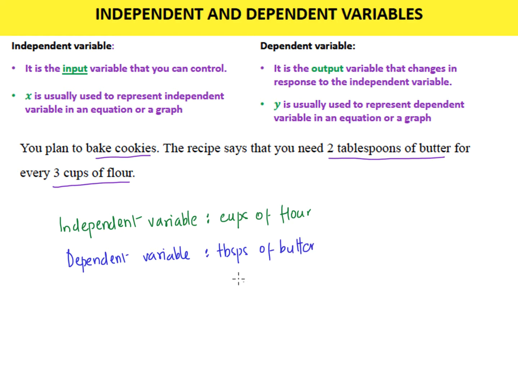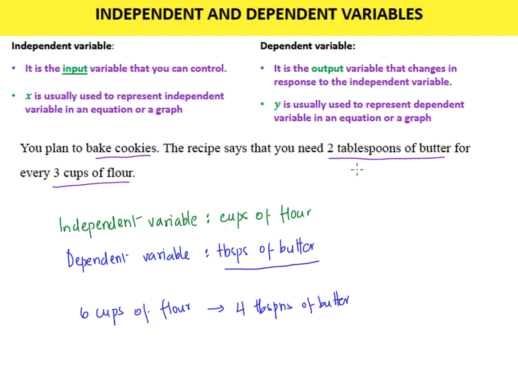The amount of butter that you would end up using will depend on the cups of flour that you take. So imagine that you took 6 cups of flour, in which case you will need 4 tablespoons of butter. But if you took only half of that, if you took only 3 cups of flour, then you will need only 2 tablespoons of butter.